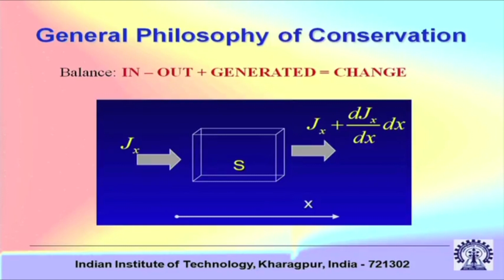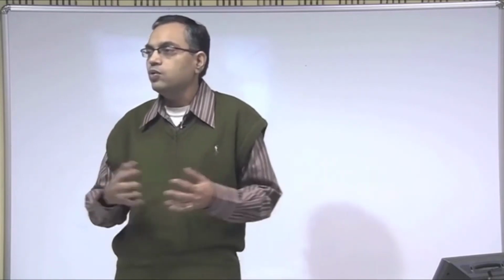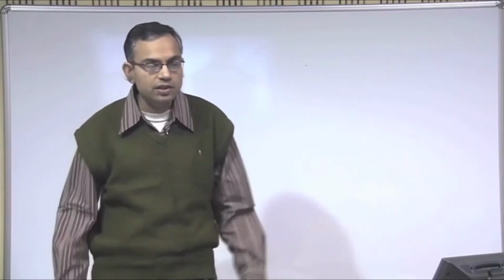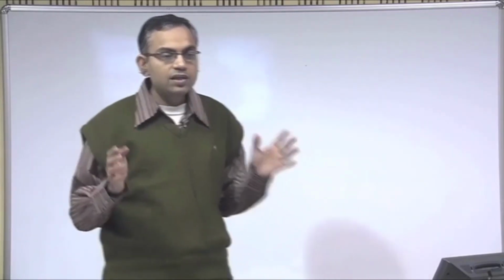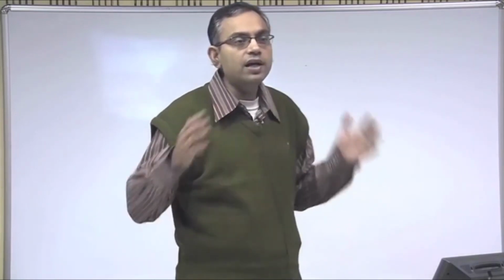When we apply the general philosophy of conservation, we may use it for conservation of mass, momentum, energy, species, or whatever, but generally in fluid mechanics we tend to use an Eulerian approach.